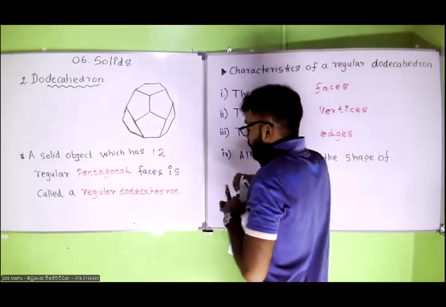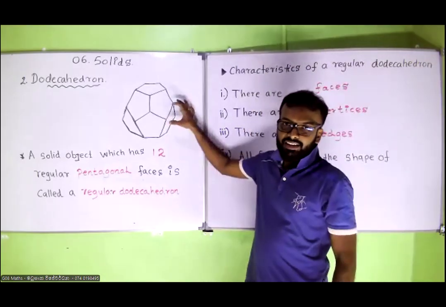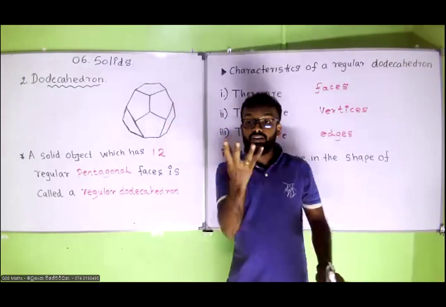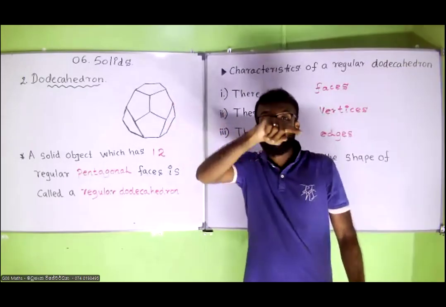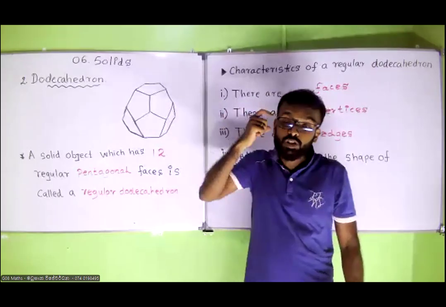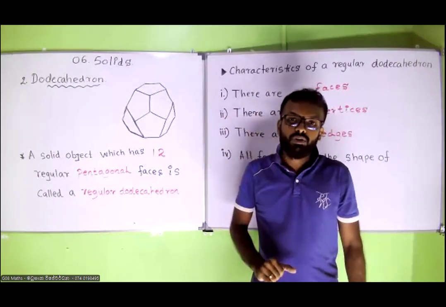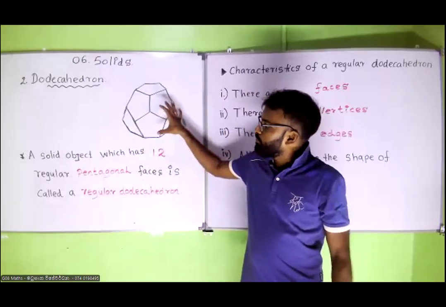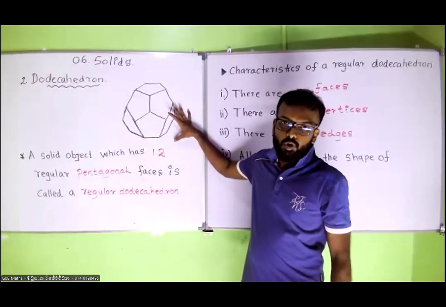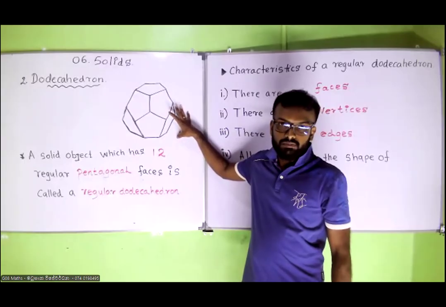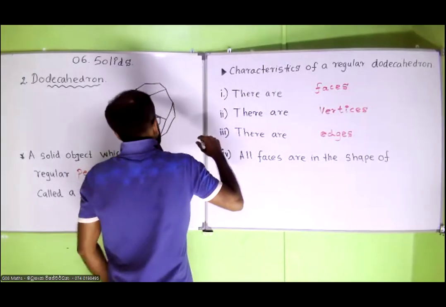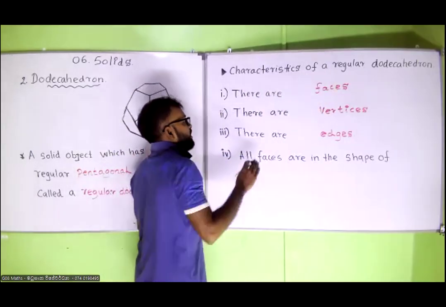It is impossible to calculate, so actually we need to have a dodecahedron in my hand so that I can count all the faces, all the edges and all the vertices. In your schools you might make these things. So, characteristics of a regular dodecahedron.